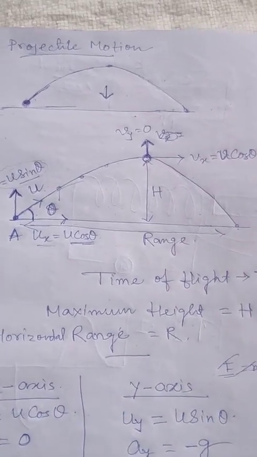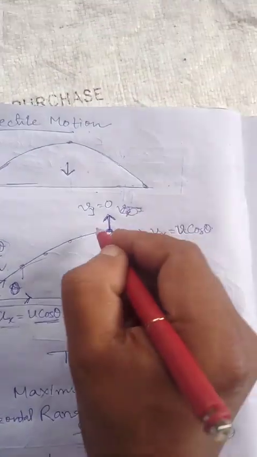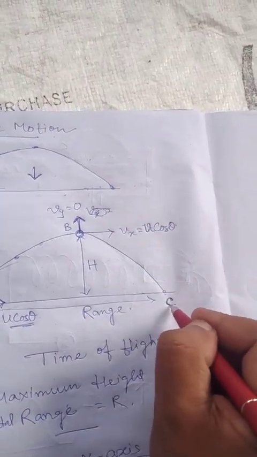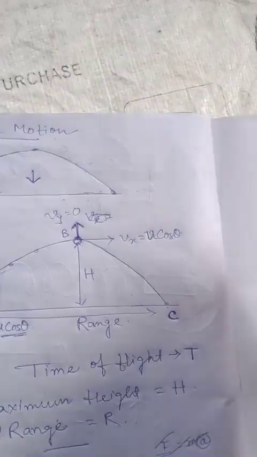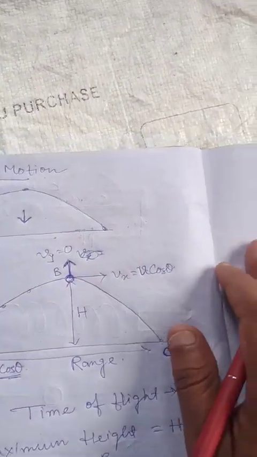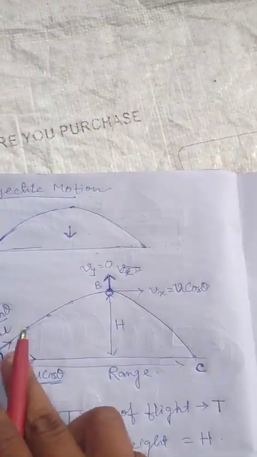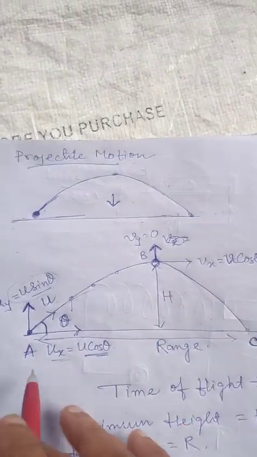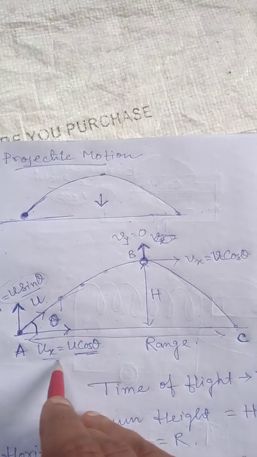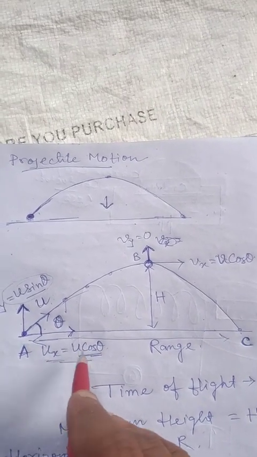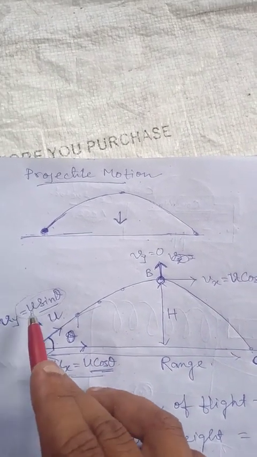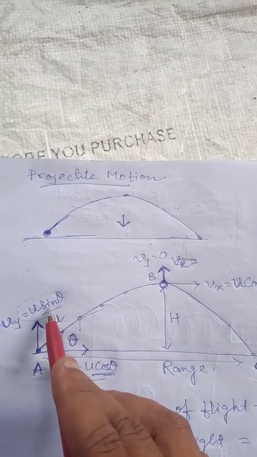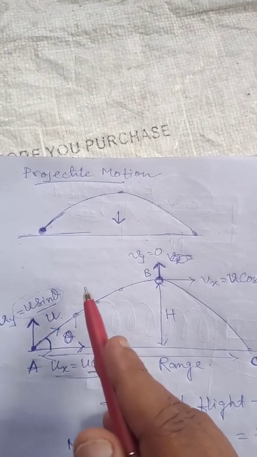Now let us consider these points. Maximum height point is B and the point where it reaches the ground is C. For the motion from A to B, in the x-axis direction the velocity is u cos theta, which is constant, and in the y-axis direction the velocity is u sin theta, which is variable because it decreases with respect to time.